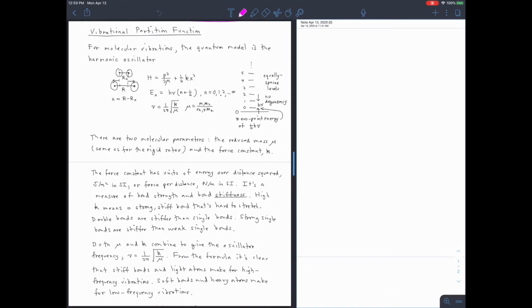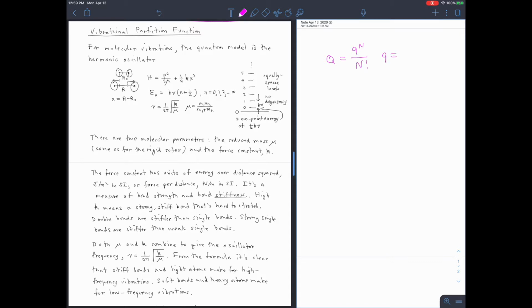All right, we just finished with the rotational partition function, and now we're going to work on the vibrational partition function. In case you're coming in not having watched the earlier videos, let me remind everyone that we're working on the overall ideal gas partition function, Q to the n over n factorial.